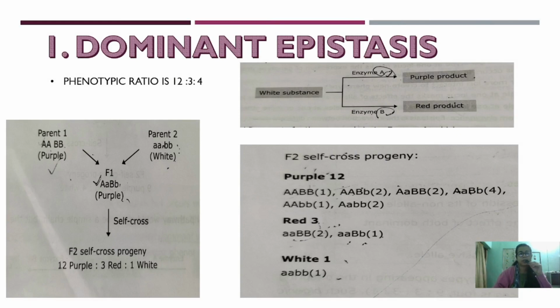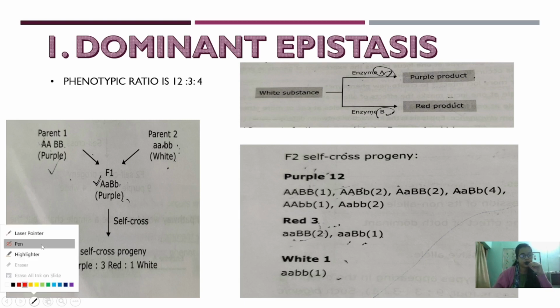As you have seen, the word dominant stands for the allele which expresses itself. So dominant epistasis means the dominant allele of one gene will suppress both the dominant as well as the recessive alleles of the other gene. For example, capital A is dominant over small a, as we know already.